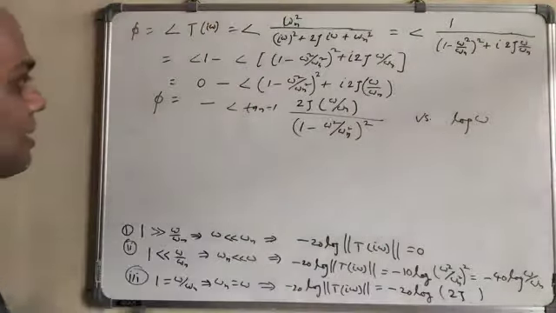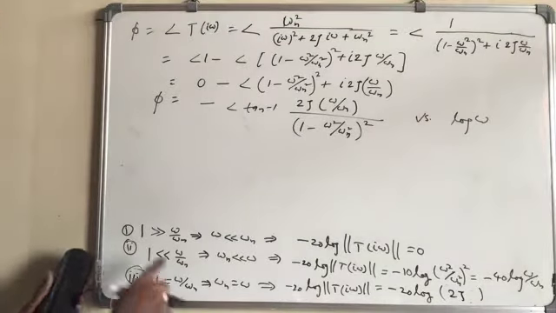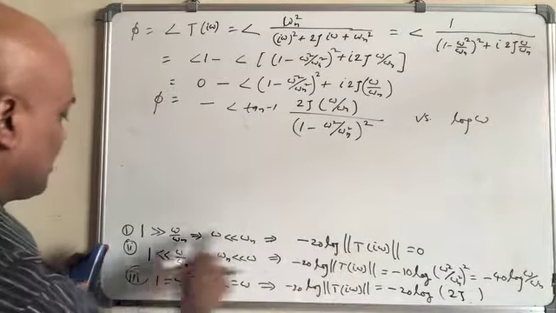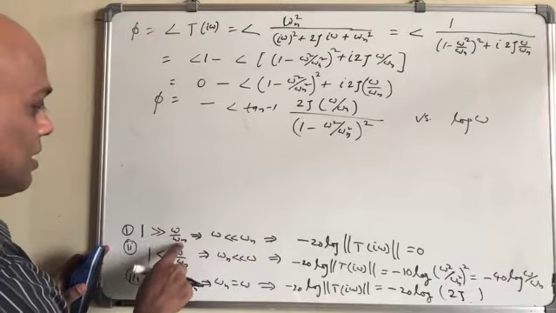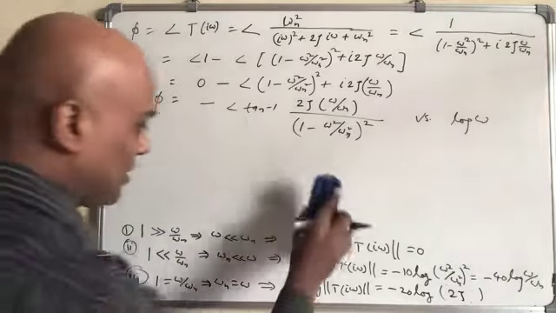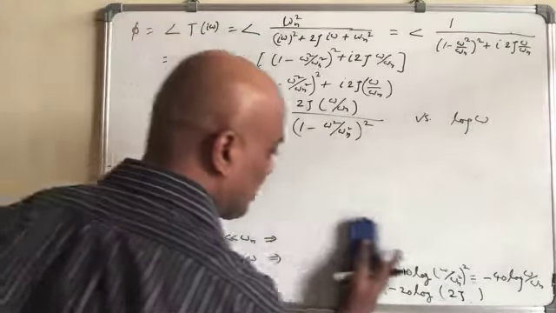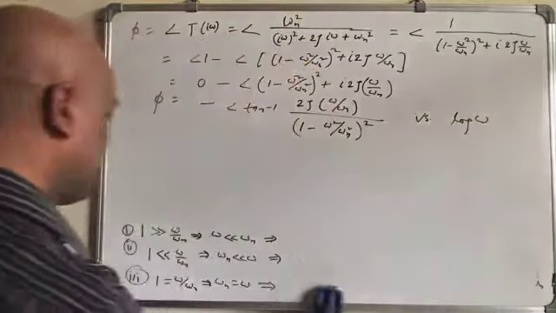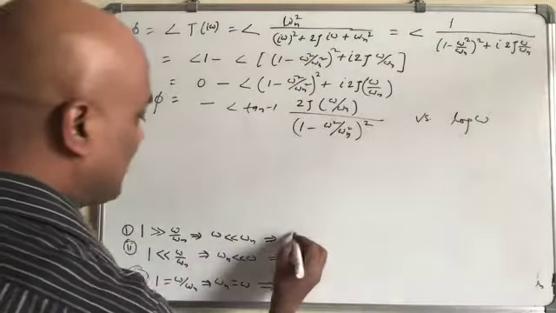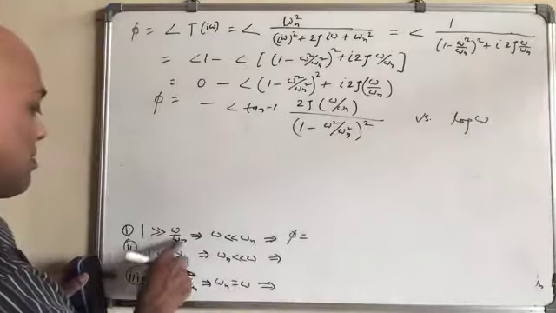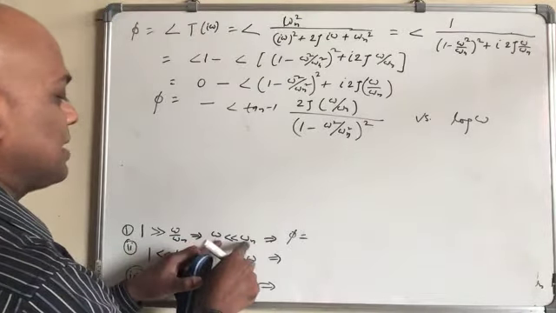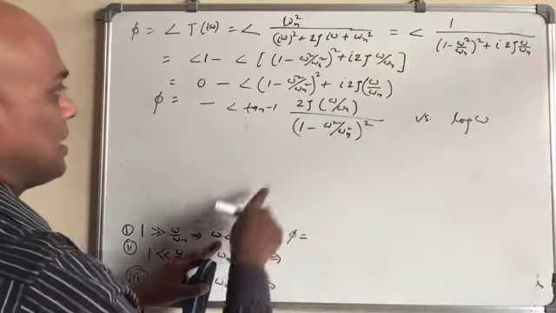We can plot accordingly, and we get phi when omega is much less than omega n, right?